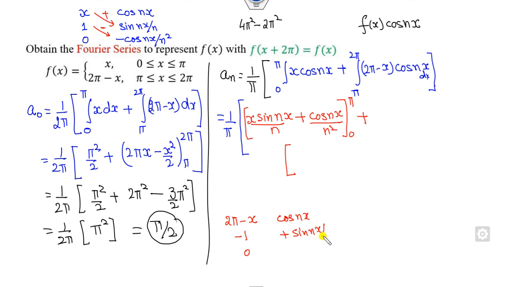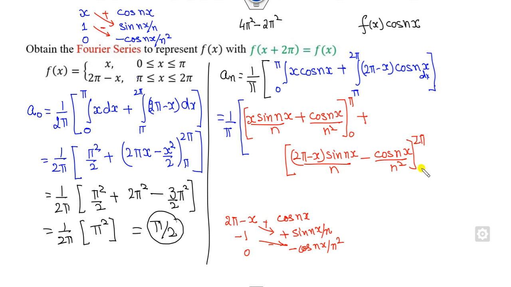Sine nx over n and minus cos nx over n square. So I can multiply this with the positive sign, this with the negative sign. So it will be (2 pi minus x) sin nx over n, minus, again minus, it's cos nx over n square from 2 pi to pi.